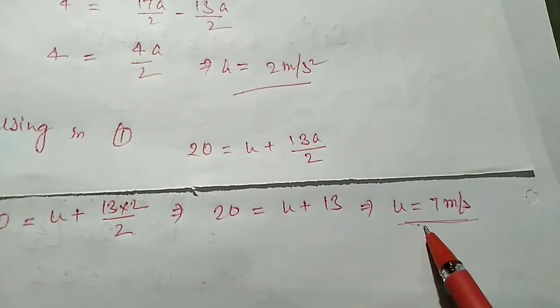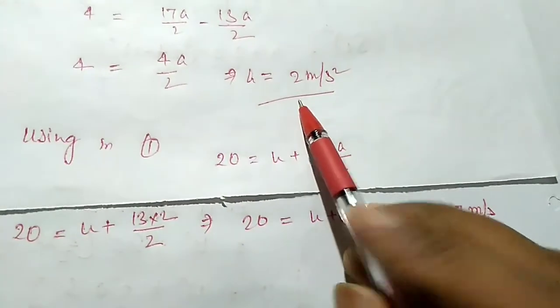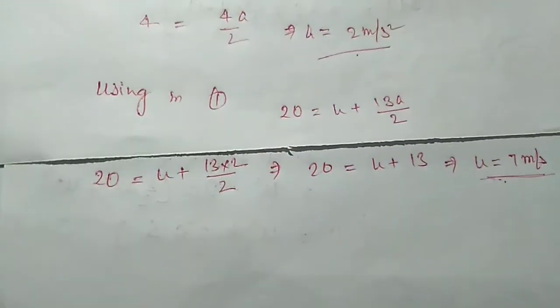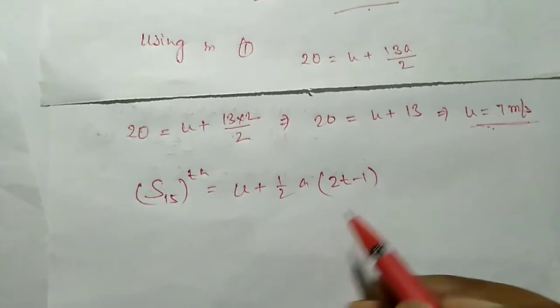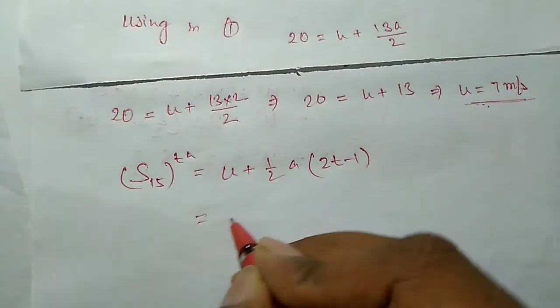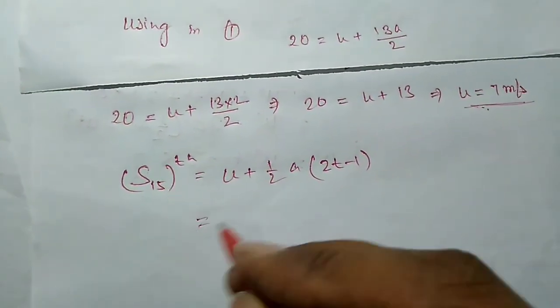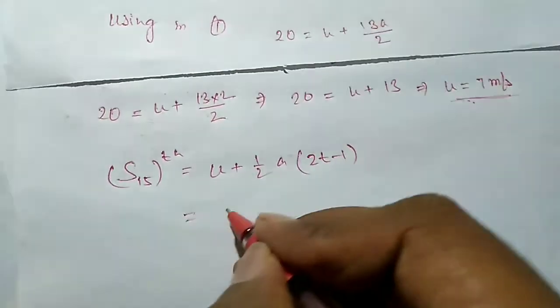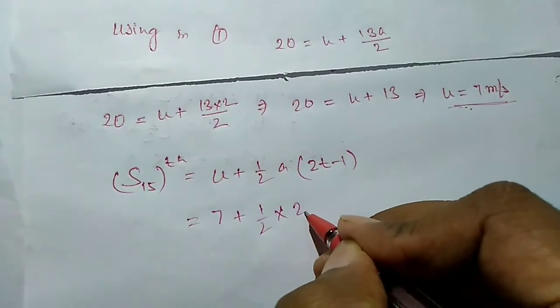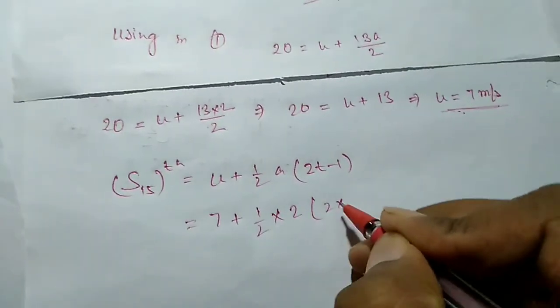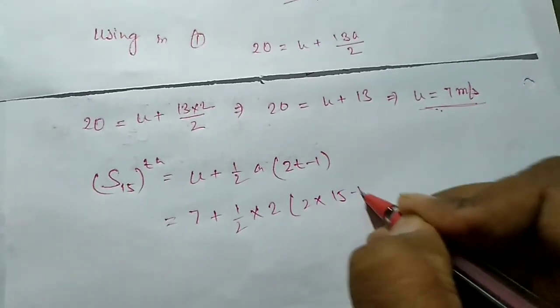So we have the value of u, we have the value of a, we have to calculate the distance traveled in the 15th second. That will be this s15, that is u plus half a (2t minus 1). Let's fill the value. Value of u is 7 meter per second plus half, value of a is 2, multiplied by 2 times 15 minus 1.